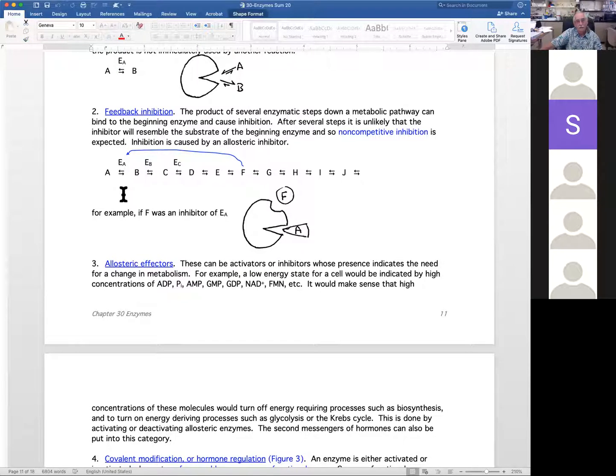And allosteric effectors could be exactly what we're talking about here with feedback inhibition. But these effectors are not normally called feedback inhibition because they can also be activators. So for example, high concentrations of ADP could activate one group of enzymes, but at the same time inhibit another group of enzymes.